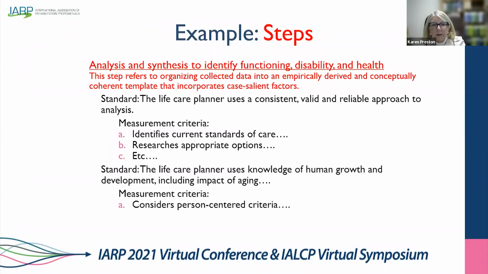We have the standard statement, and then we have measurement criteria. So this will be very familiar to you, but now you can see that for each standard, it's tied to a specific step in our process to again show that we are going through every single step and we are all doing it similarly regardless of what our professional background is.